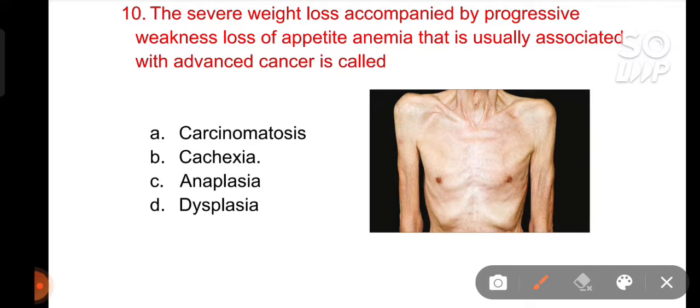The options are carcinomatosis, option B, cachexia, option C, anaplasia, option D, dysplasia. The right answer is cachexia. Cachexia is the last stage of cancer. In this last stage, the patient may die. In this stage, we call the patient cachexic.